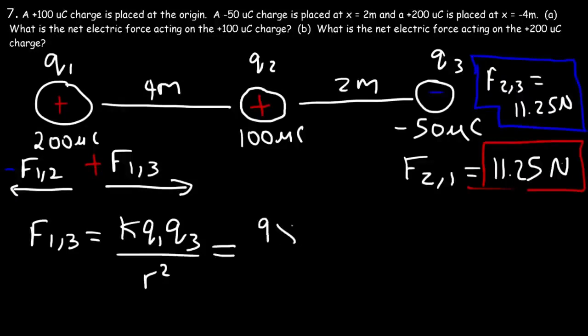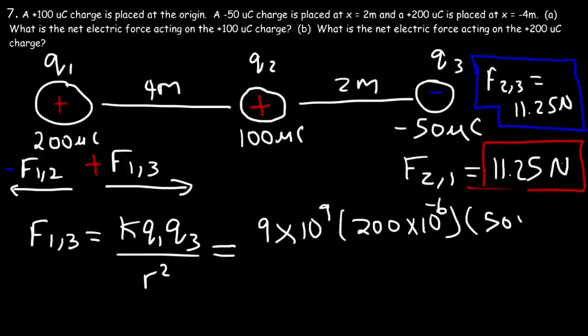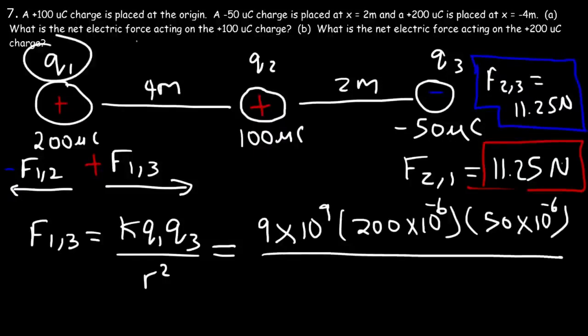Now K is 9 times 10 to the 9. Q1 is 200 times 10 to the minus 6. Q3 is 50 times 10 to the minus 6. And the distance between Q1 and Q3 is 4 plus 2, or 6 meters.